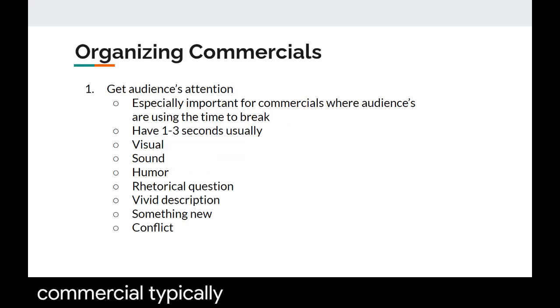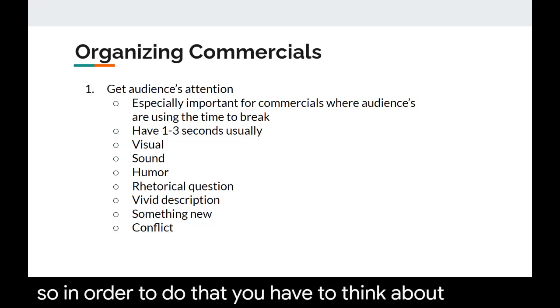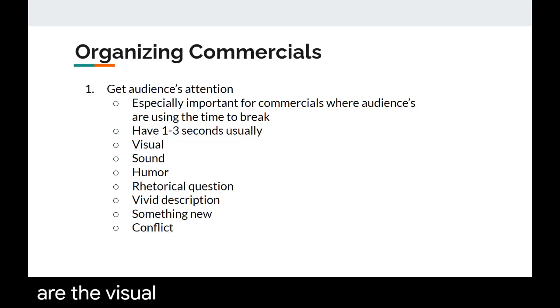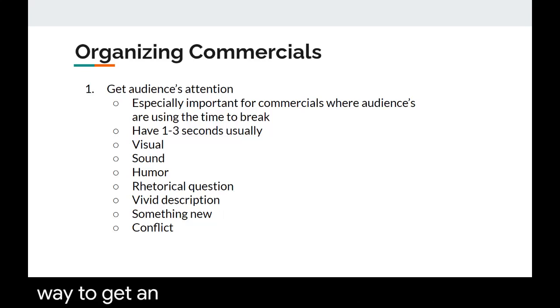Typically, advertisers have between 1 and 3 seconds to get their audience's attention. So, in order to do that, you have to think about what visual elements will help grab the audience's attention, and what sounds can I use? Humor is usually an effective way to get an audience's attention.